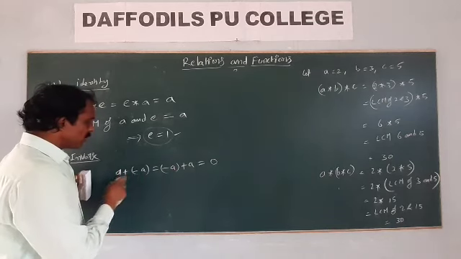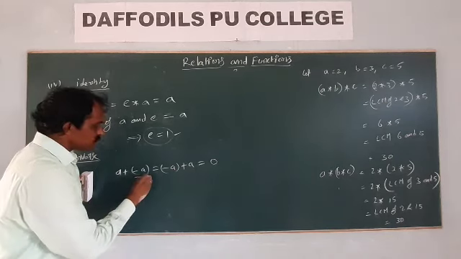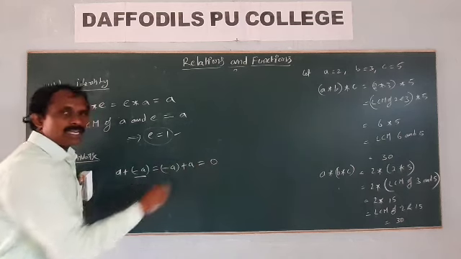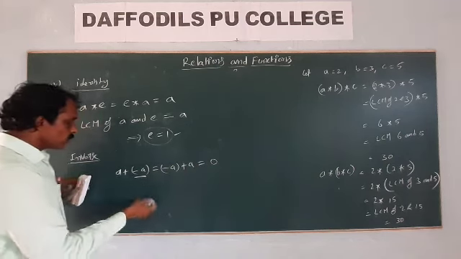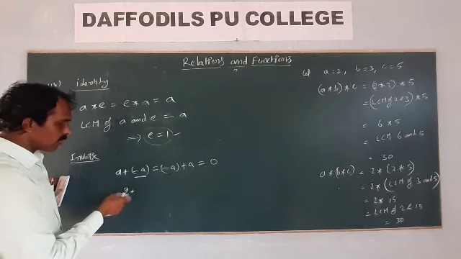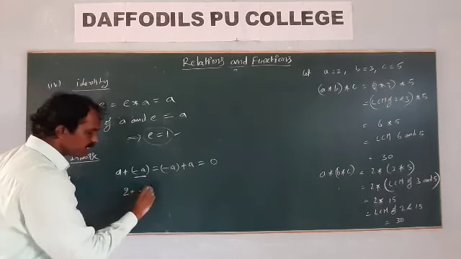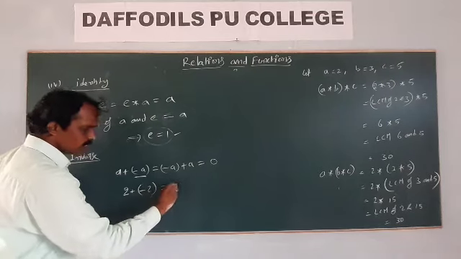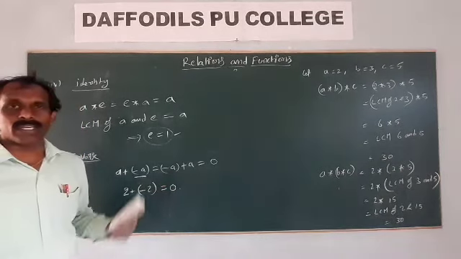For what value do you add to A to get the identity element 0? You add minus A. So suppose you take 2, what is the inverse of 2? Minus 2. 2 minus 2 is 0. 0 is the additive identity.